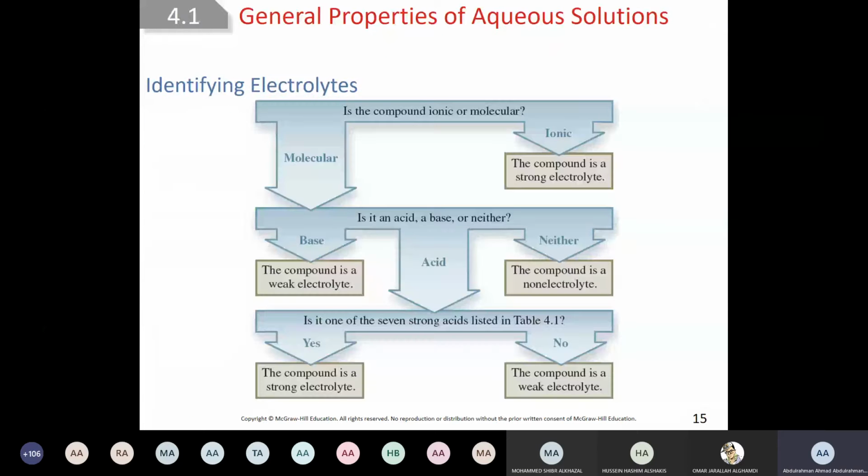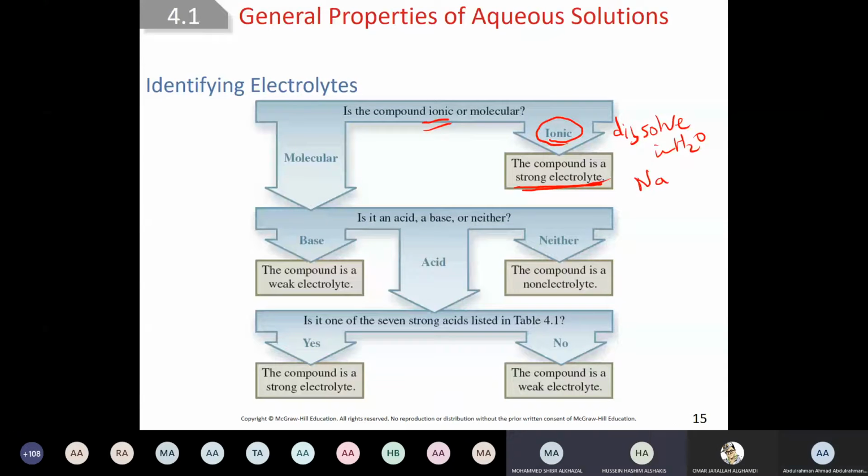Good. Now we have this table. If you have any compound, and you want to know if it's a strong electrolyte or weak electrolyte, ask yourself the first question: is it ionic? If it is ionic and dissolved in water, then it will always be what? Strong electrolyte. Okay, give me an example quickly.